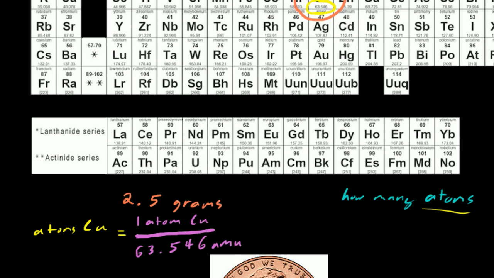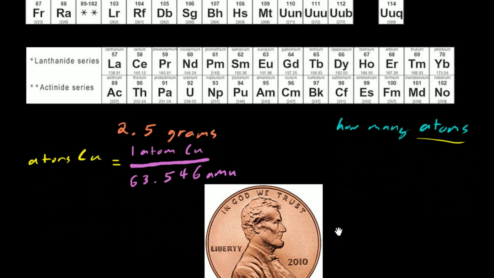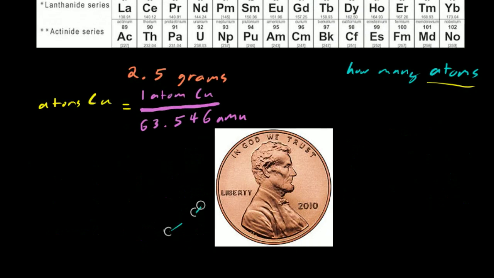So now we have to convert atomic mass units to grams, because that's what we know about this penny, that this penny has a mass of 2.5 grams.